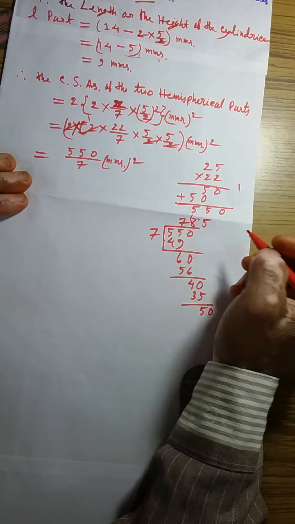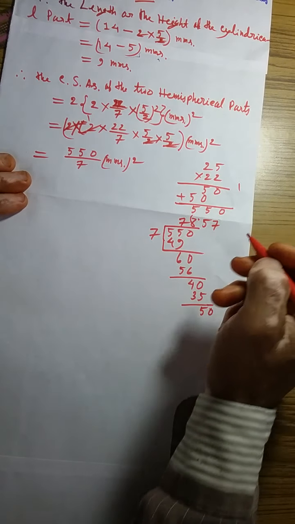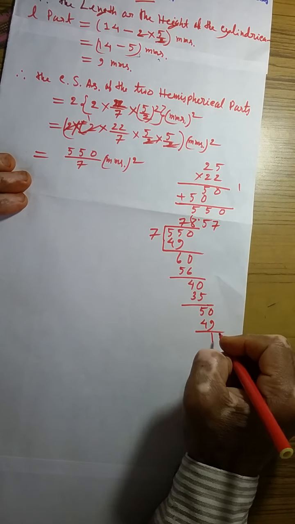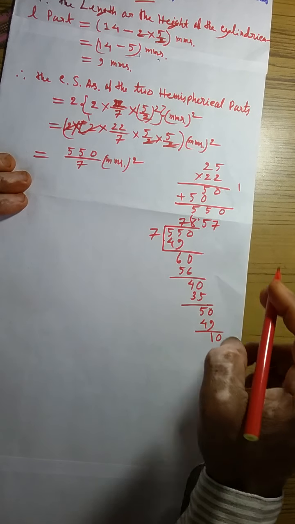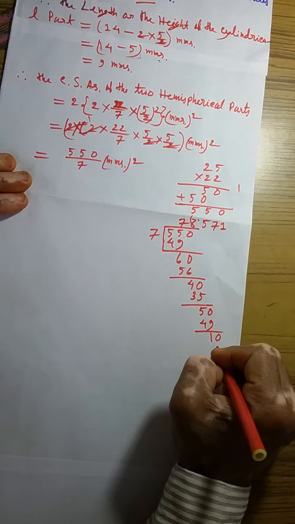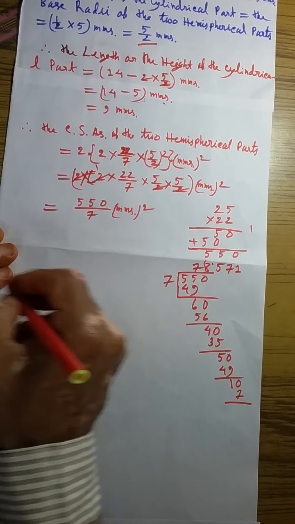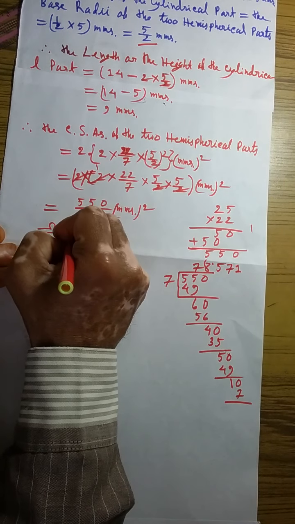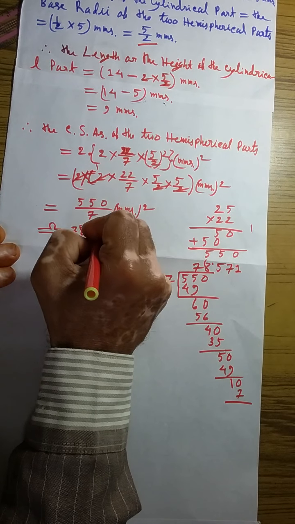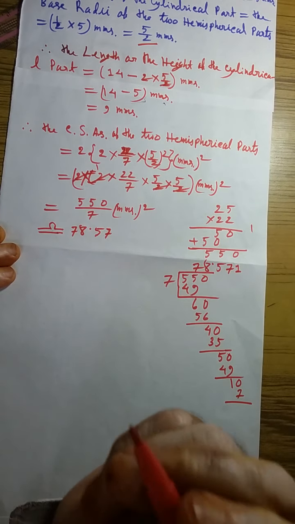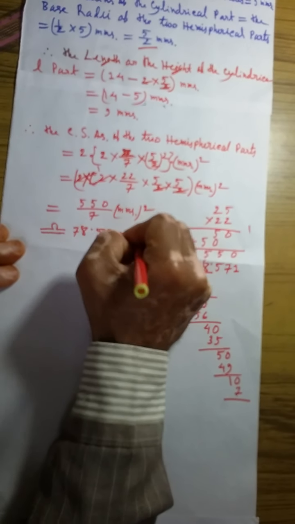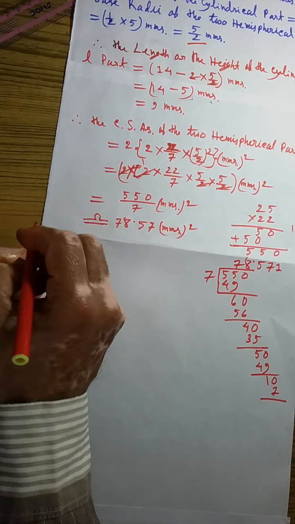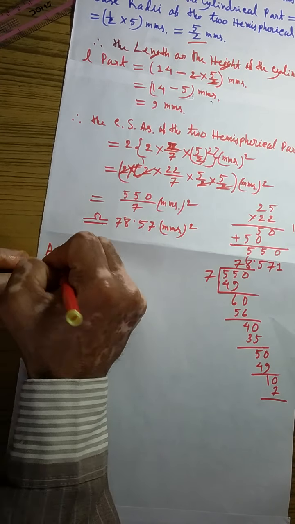So 7 7 are 49. We will get 1 here. So this will be 10. After this we will get 7 1 are 7. So this will be approximately equal to 78.57 millimeters square.